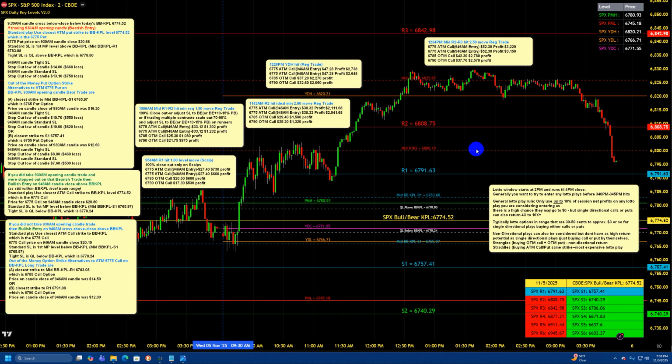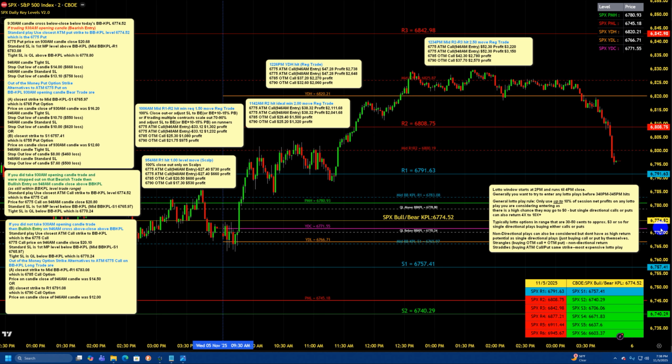Okay, so the main look that you will have on the startup of the indicator is the default levels of the bull bear KPL, the R1 through R6, and S1 through S6. However, when you are first starting the session, you'll want to drill down and maximize your screen on TradingView by taking your cursor to the right price axis and maximizing it out of the R6 down to S6, which is too compressed of a look at the beginning and will look too busy.